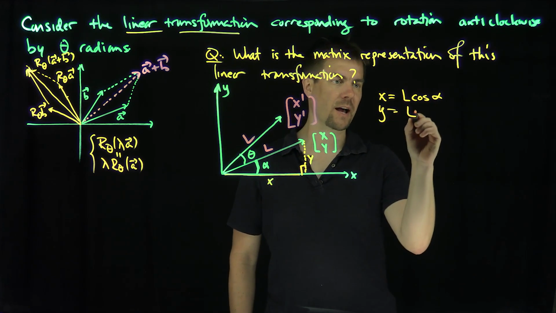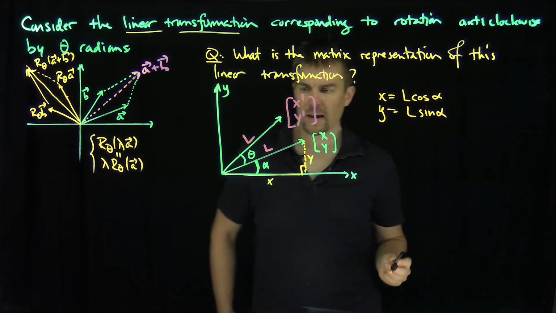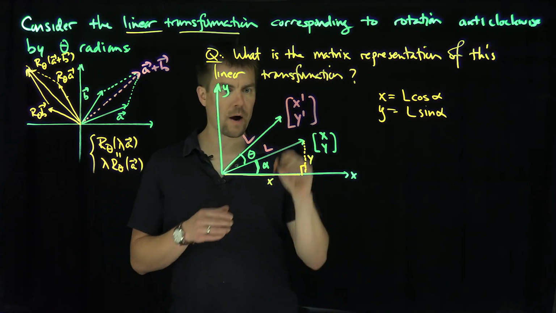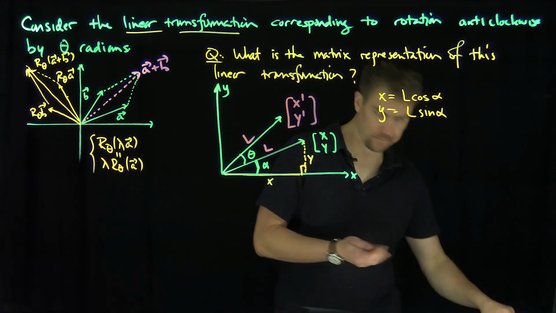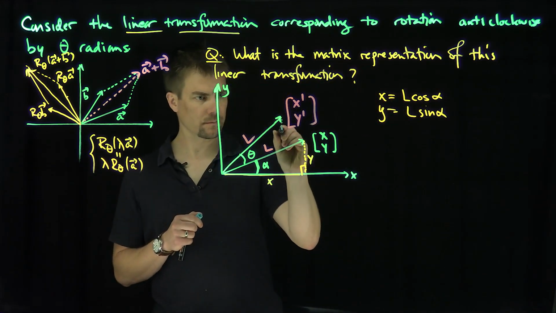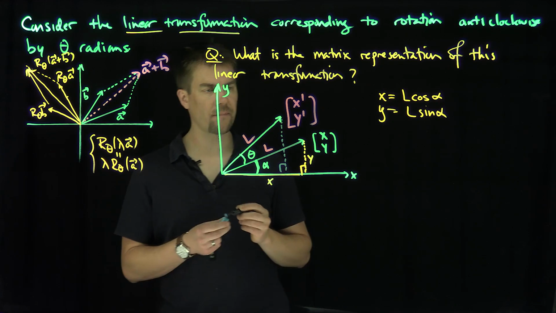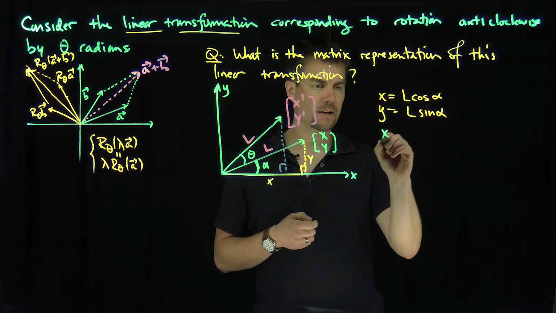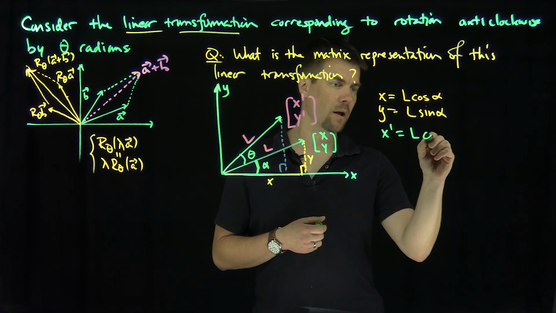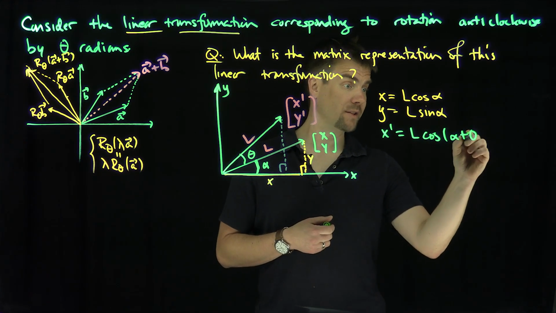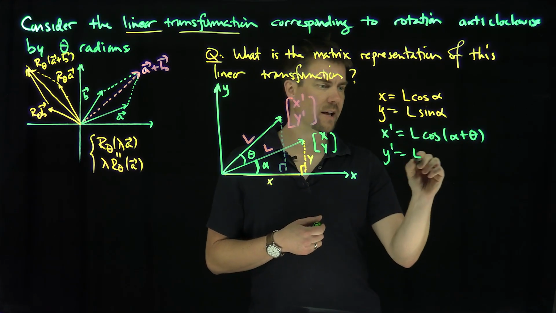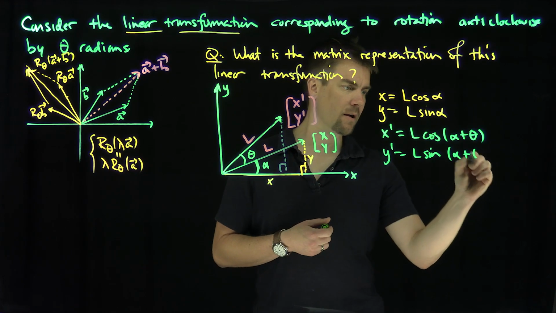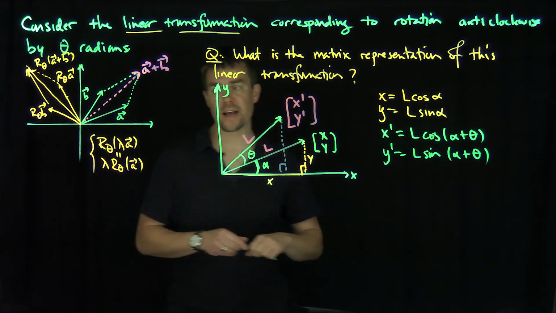My y is L sine alpha. And then for x prime, y prime, I can also draw a triangle. X prime is equal to L cosine of alpha plus theta, and y prime is L sine of alpha plus theta. Now I can use angle addition.